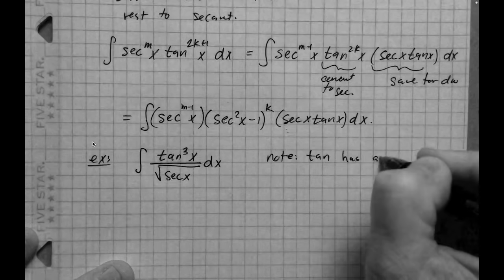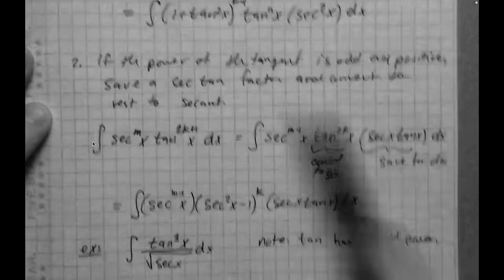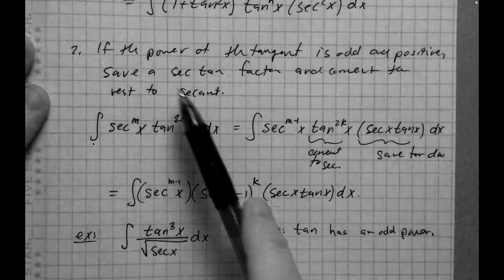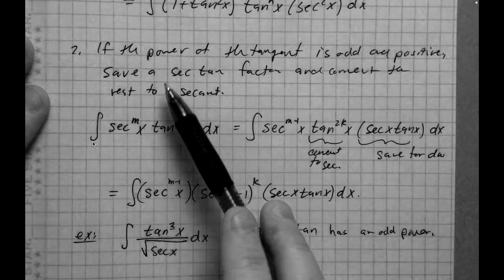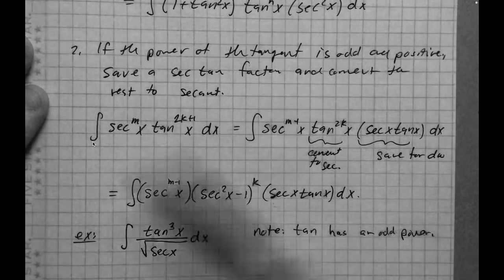Tan has an odd power. So that basically means this strategy is what we're going to employ. We're going to try to retain a secant tangent factor and convert the rest to secant.